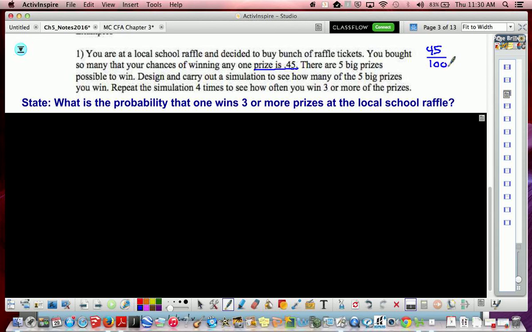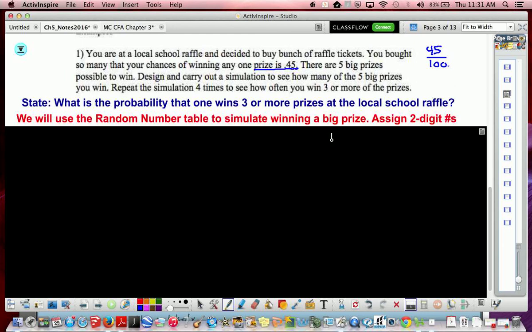So if I'm going to do a simulation and use random numbers, I could use 2-digit numbers, 01 to 99, and 00 to represent 100, where some of those numbers represent winning the prize, and some of those numbers not winning the prize. That's going to be the start of my plan.